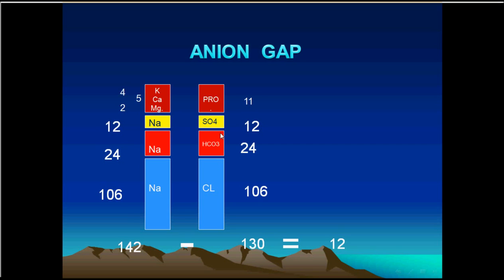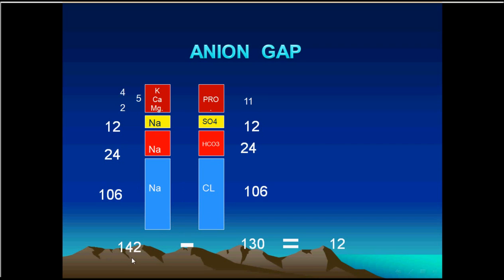When you look at the anions, the routine measurement is bicarbonate and chloride. We do not measure the phosphate, sulfate, protein. All of these are not measured. So what we measure in the anions is bicarbonate and chloride, and in the cations, usually sodium.